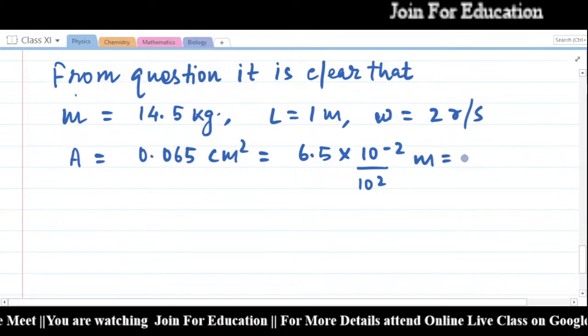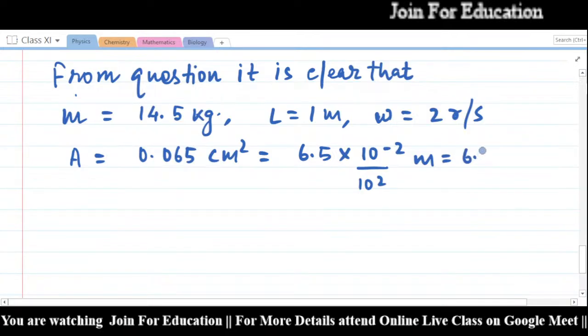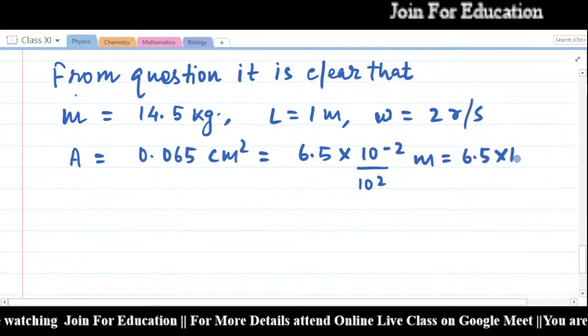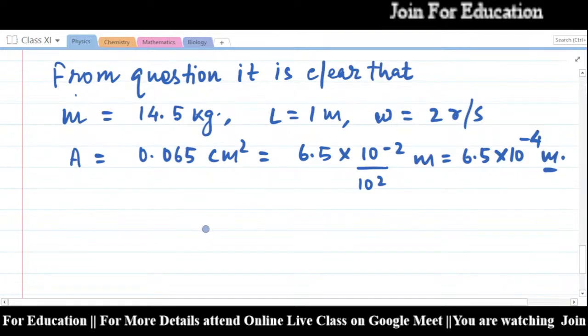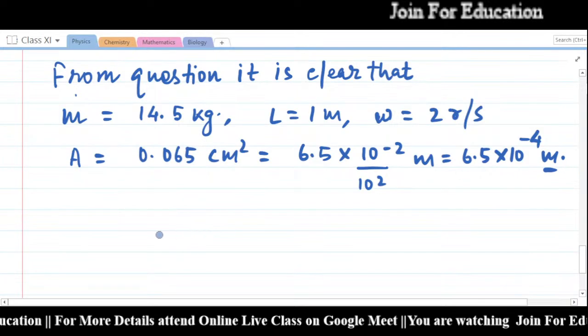So in a single line it will be 6.5 into 10 to the power minus 4 meter square. There is no problem to understand up to this step.